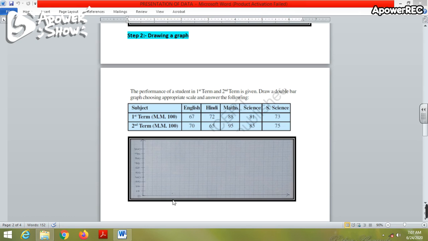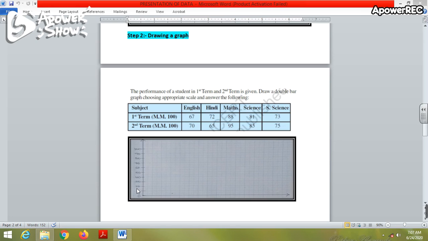Here my horizontal line represents the subjects, and the vertical line represents the marks obtained by the student. After deciding this, we have to divide the vertical line into equal divisions according to our scale of the graph.